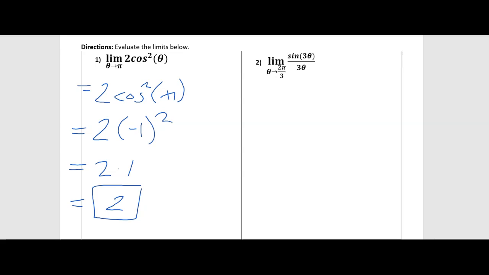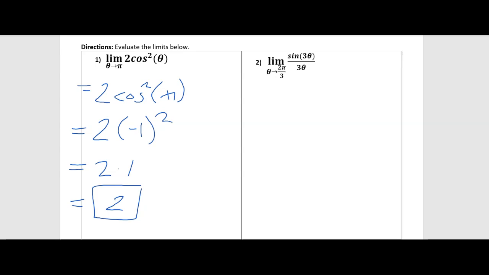Let's look at number 2. Again, we do have a rational function here, so there's a chance we may get an indeterminate form when we substitute in. The limit of the denominator may be 0, which means we might need to look for a vertical asymptote. Or maybe we need to try to rationalize the numerator or the denominator if we get an indeterminate form.